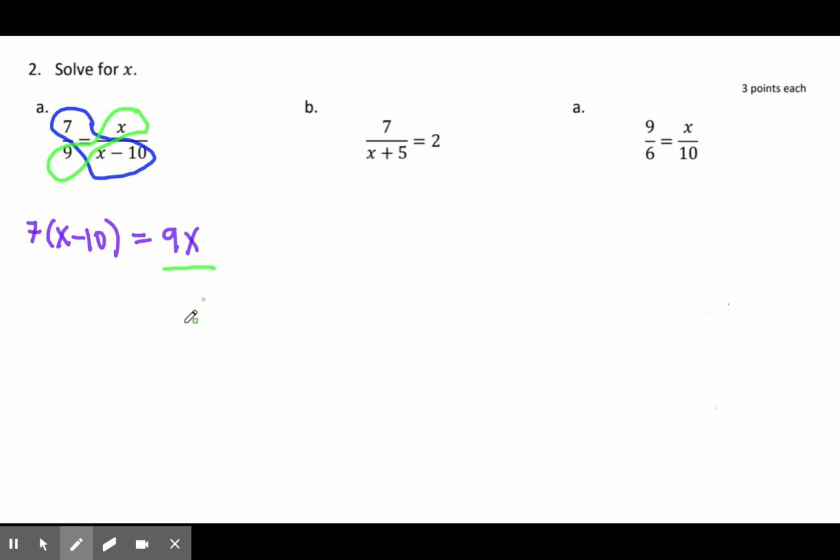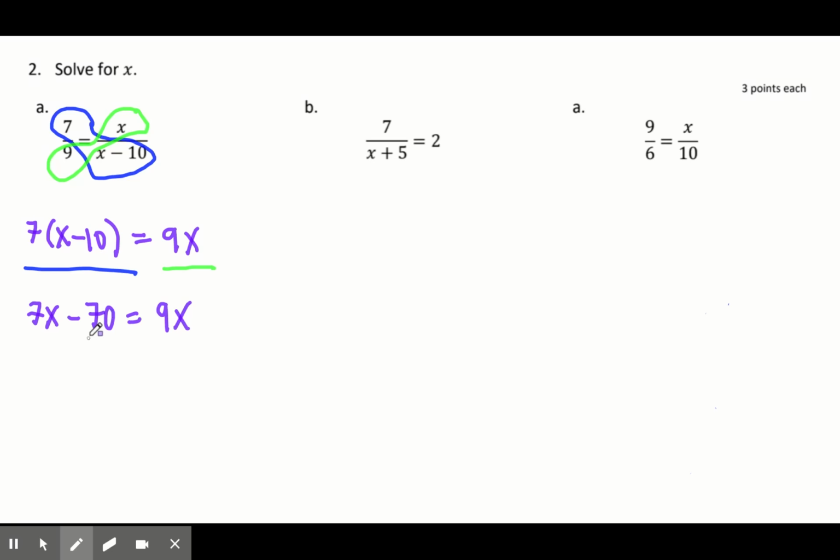You can see this is the green part multiplied together, and that's the blue. So 7 times x is 7x, then 7 times negative 10 is negative 70, and 9x is just 9x.